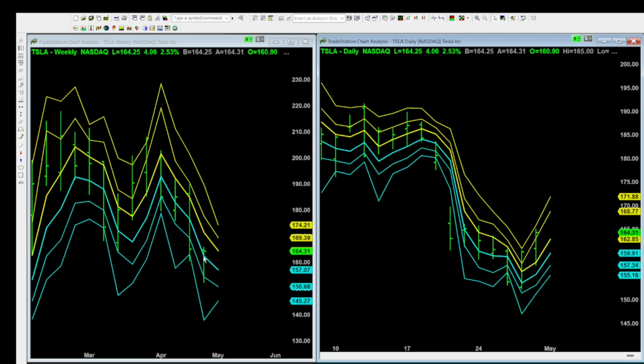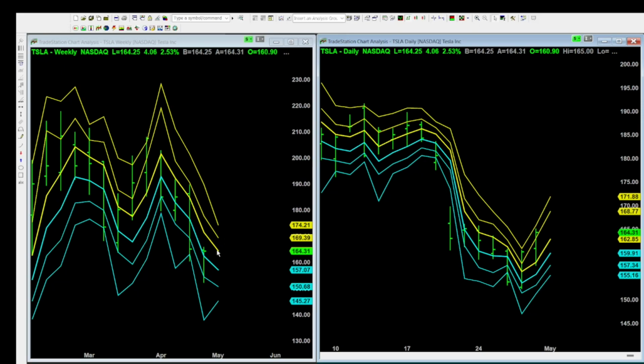It's still above this trend line, but it still can't reach this yellow trend line. For next week, the yellow trend line tip is around $164.3. It's close to this closing price.